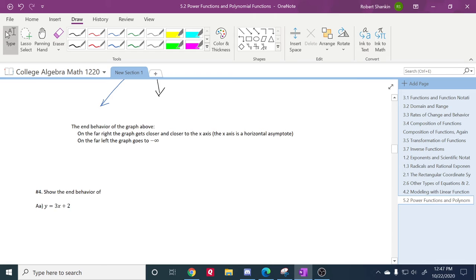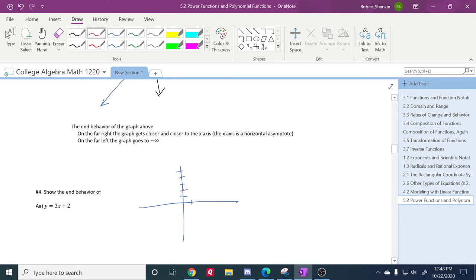Okay, so let's show the end behavior of these graphs. A, y equals 3x plus 2. I would draw a quick picture. This has a y-intercept of 2, a slope of 3. So every time it rises 3, it goes to the right 1.